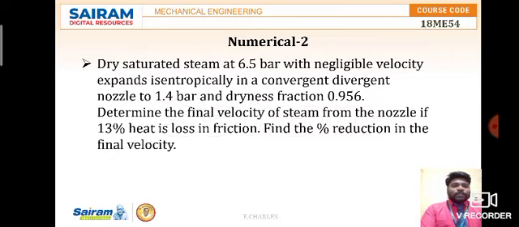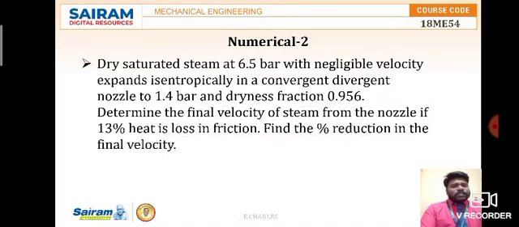So the pressure drop takes place from 6.5 bar to 1.4 bar, and the dryness fraction is 0.956. Here the dryness fraction is given in this problem. That means the steam is not dry here; it has changed into wet steam. Wet steam means there will be some dryness fraction. That is 0.956, which means 95.6 percent dry steam is available, and the remaining 100 minus 95.6 percent will be the wet particles present in the dry steam.